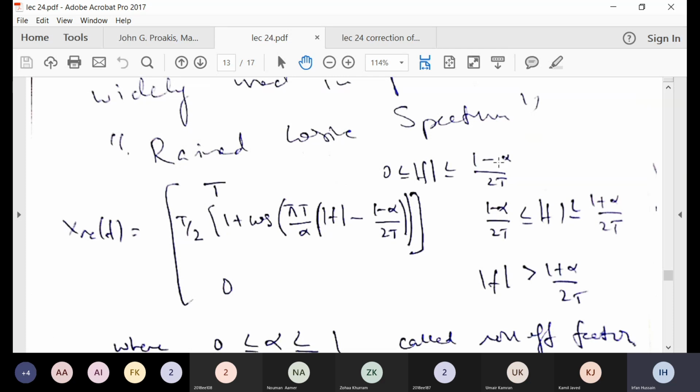For example, if I say alpha is 0, this will be 1 over 2T, so it will come out to be the second case. So f is 0 for f greater than 1 over 2T, and once alpha is 0, this will totally vanish, no decay here. Alpha is 0, you can see that the frequency component is restricted to only 1 over 2T.